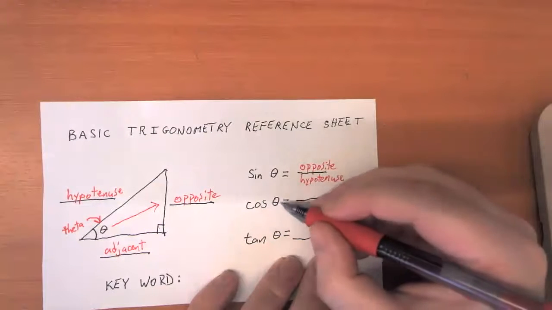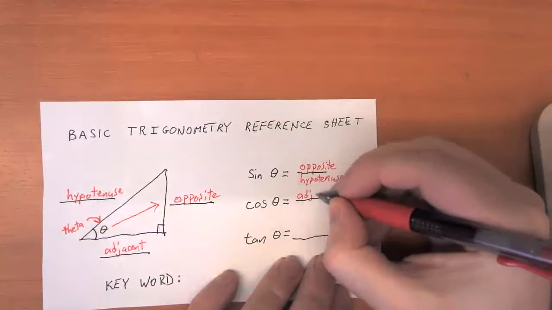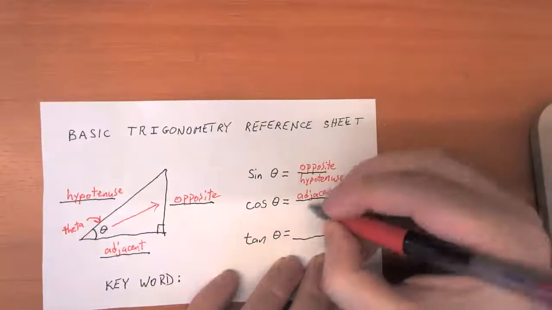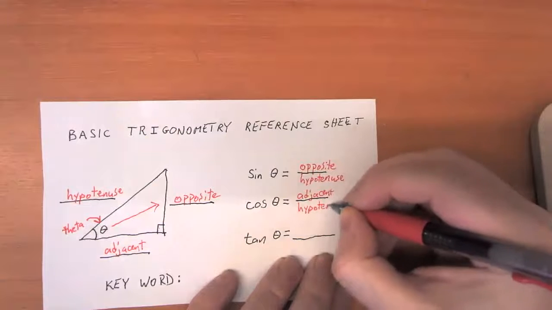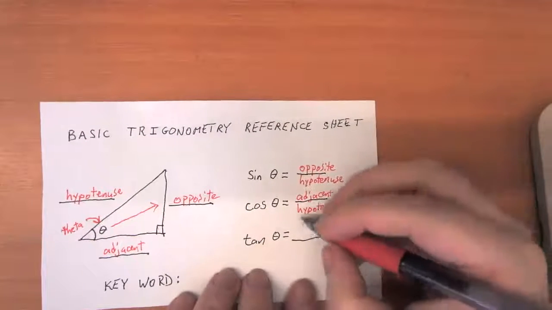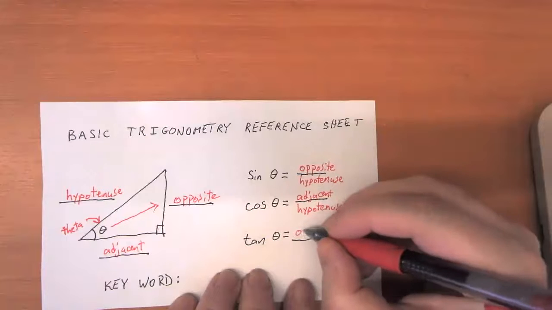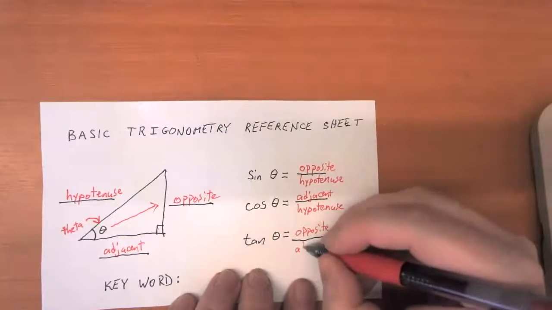The next one is the cosine, and the cosine is the ratio of the adjacent leg to the hypotenuse. And the last function is tangent, and this is the ratio of the opposite side to the adjacent side.